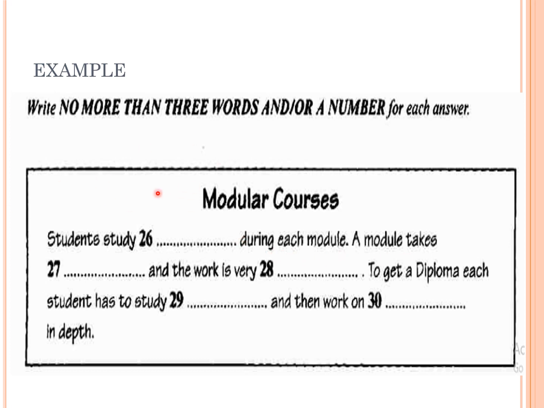So what study? You have a question mark over here. The next thing is a module take dash and the work is very dash. So I can predict that a module takes time and the work is very hard. It's my prediction. Might be there is something else in these gaps. So you can predict a little bit because it will help you out.